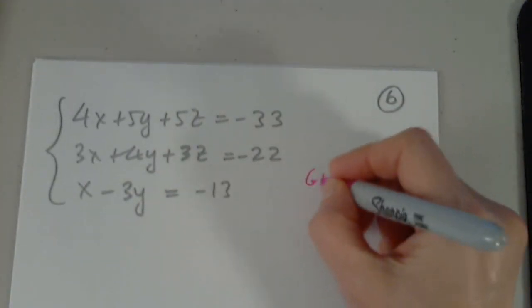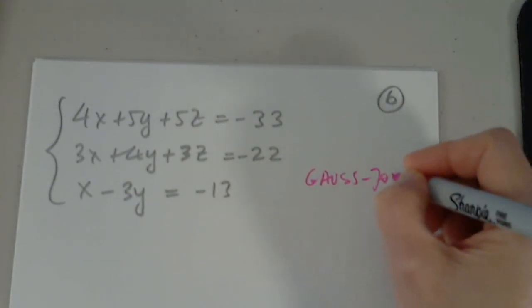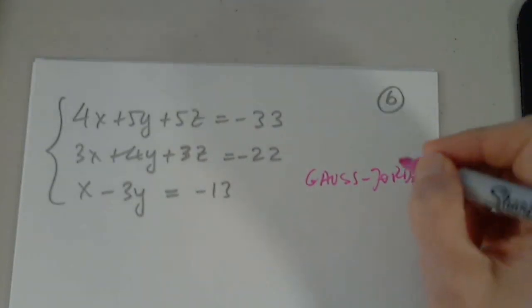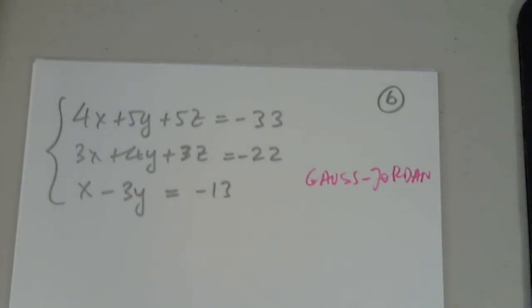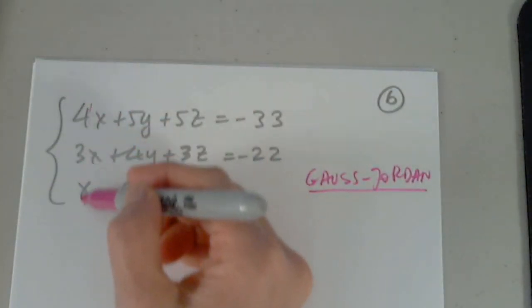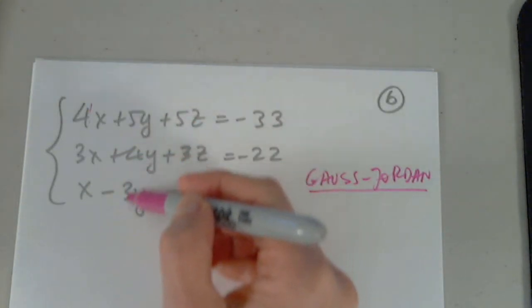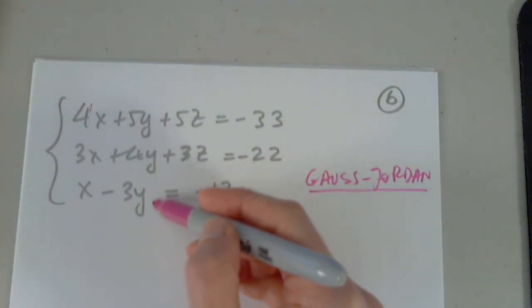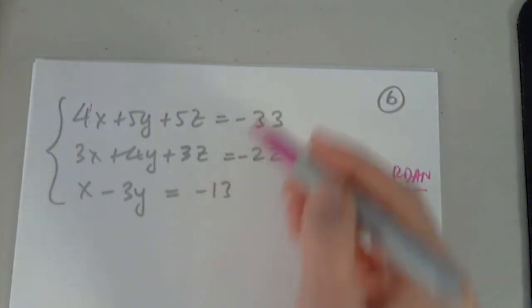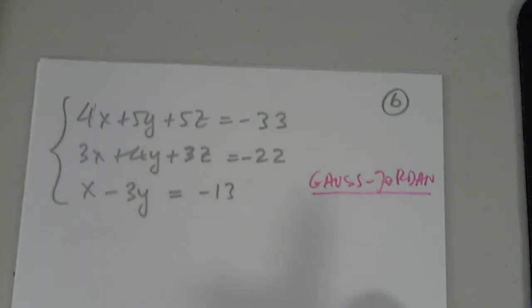So I request the Gauss-Jordan, please. But I accept Gauss elimination with back substitution, which I think is more difficult than this, but it's up to you. So for Gauss-Jordan, I have to make sure that all terms with x and all terms with y and all terms with z and the equal symbol and the free terms are all in the correct position.